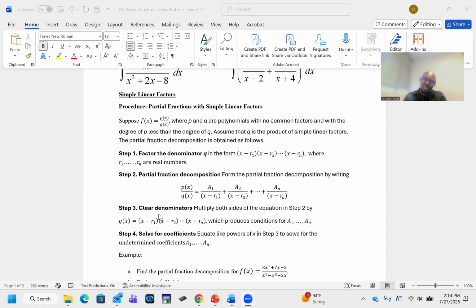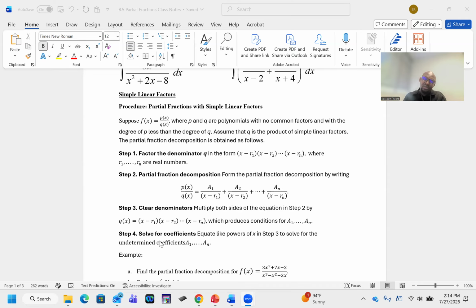And then step 3, clear the denominator. Multiply both sides of the equation in step 2 by q of x. So you just clear the denominator. That means have the common denominator on the right side so you can clear the denominator, which produces the condition for a1 to an.